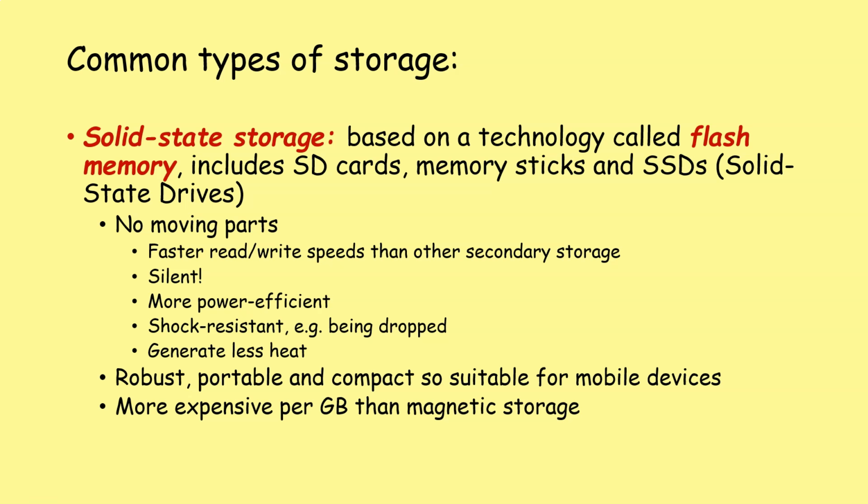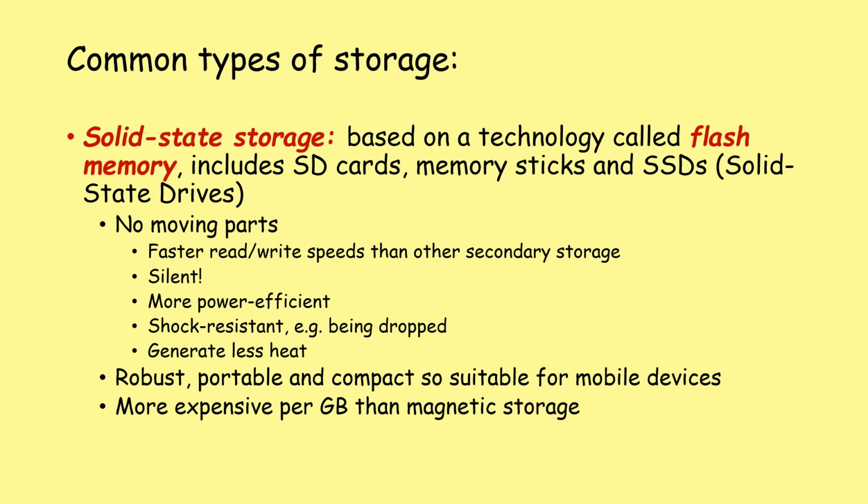So you have faster read-write speeds than other secondary storage. It's silent. It's more power efficient, so you get better battery life. It is shock resistant, for example, being dropped or moved around, and it generates less heat.